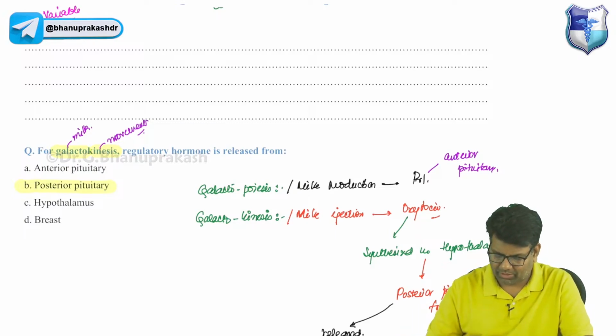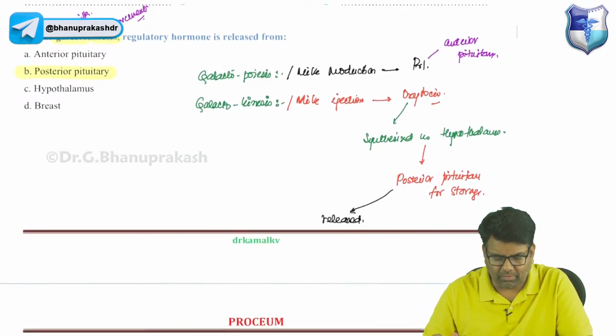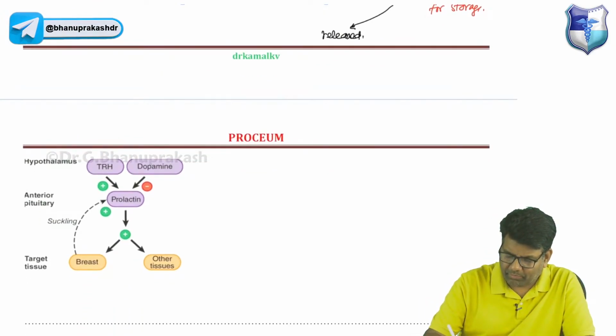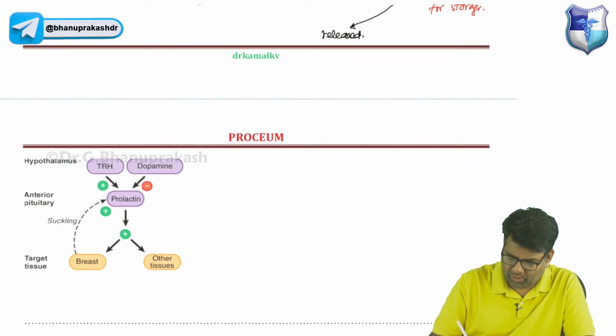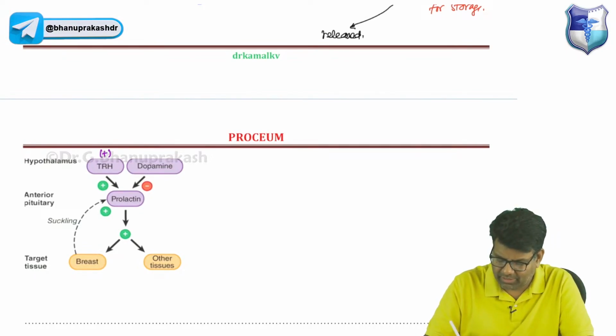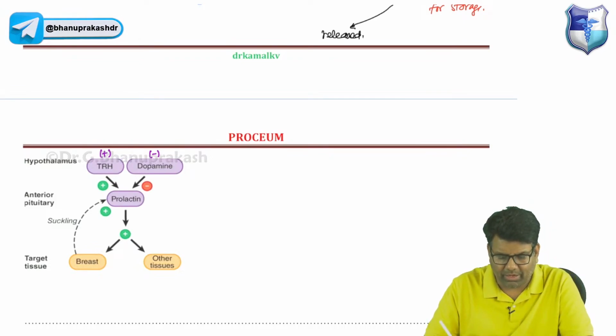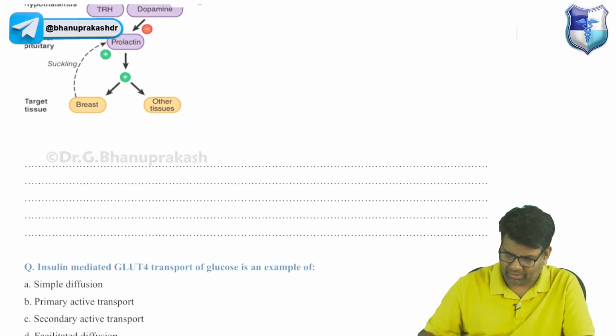So please remember this in terms of breast milk. And for prolactin, there is a positive factor promoting its release, and there is an inhibiting factor which can affect the release of prolactin. So TRH promotes release of prolactin from the anterior pituitary, whereas dopamine opposes the release of prolactin.